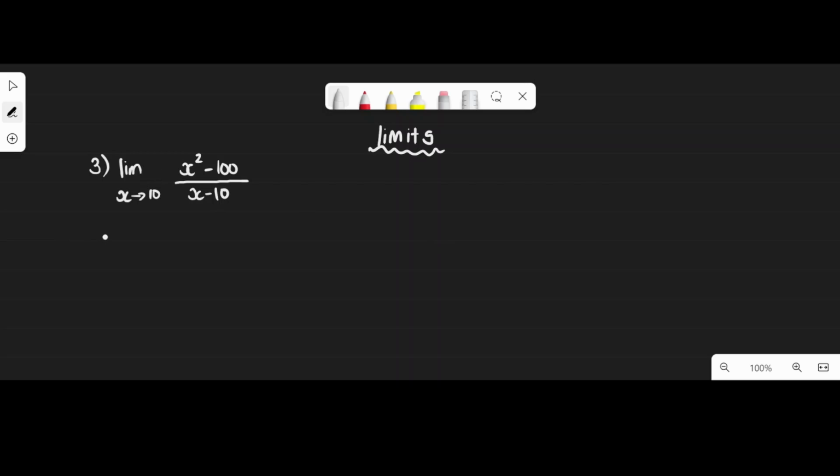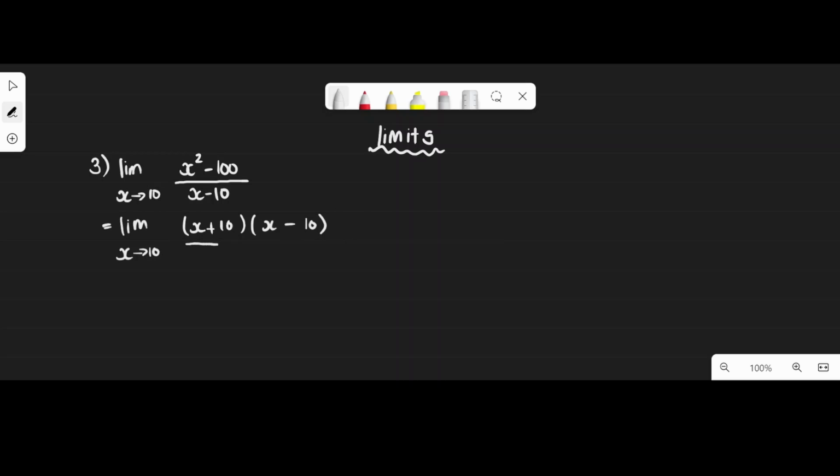So to solve this, you're going to write limit. The reason you write the limit is that you haven't substituted the 10 inside the function yet. So you say limit when x approaches 10, then open two brackets. You say x here, 10 and 10, because the square root of 100 is 10, then plus or minus.